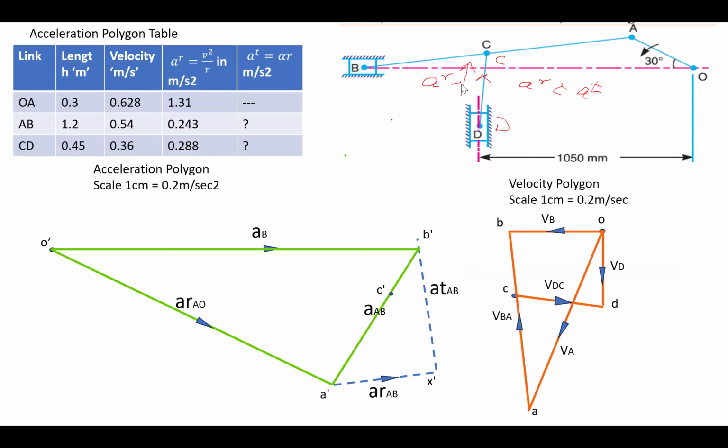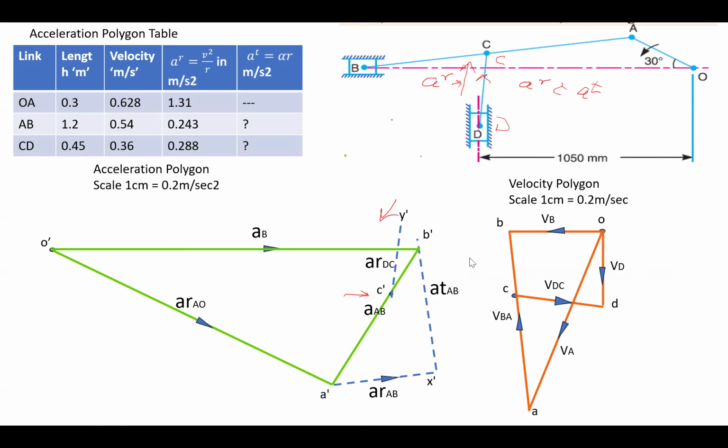But this line you have to draw in this acceleration polygon. From where? Either C or D dash should be available. So we are having C dash. Draw a parallel line to CD in upward direction, which represent the radial component of CD. So this is the radial component of CD.